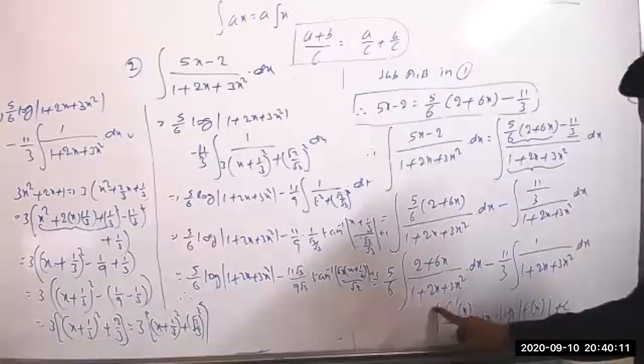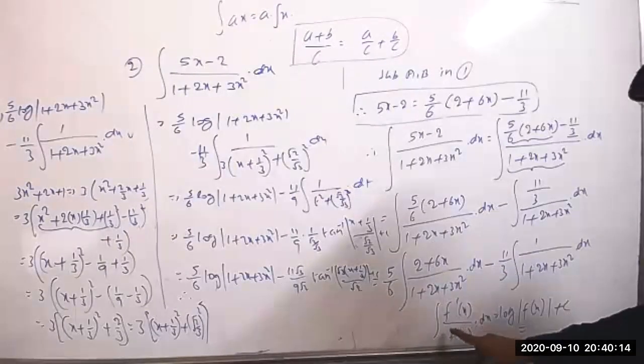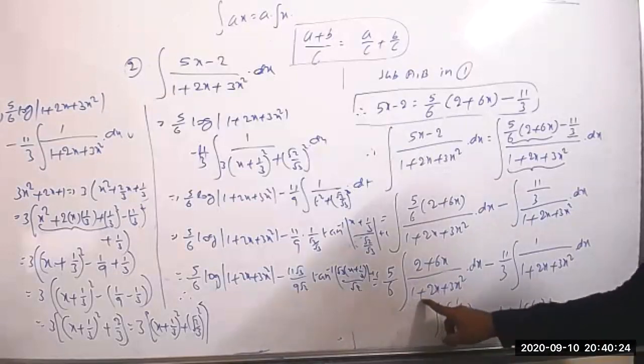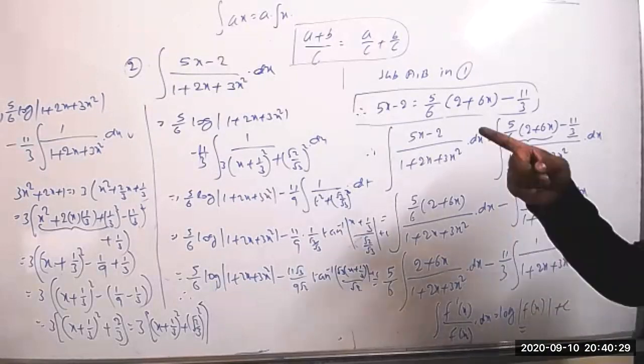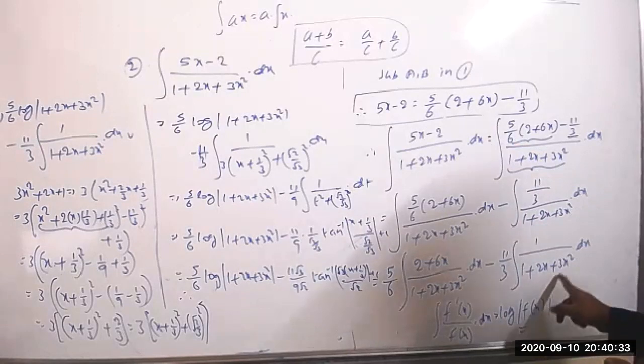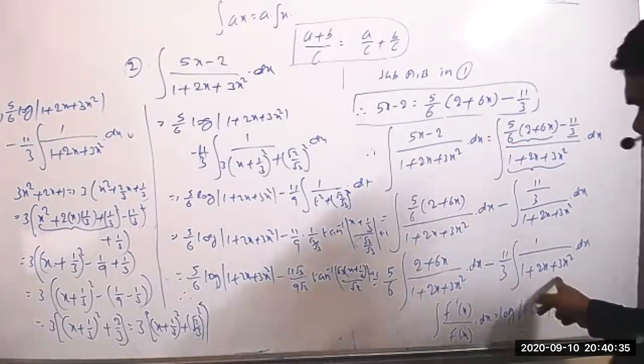The first term is in the form of integration of f dash of x by f of x, and this formula we know very well. It is equal to log modulus of f of x, where f of x equals 1 plus 2x plus 3x square. The previous one we already did by the completing the square method, and you can apply the same.